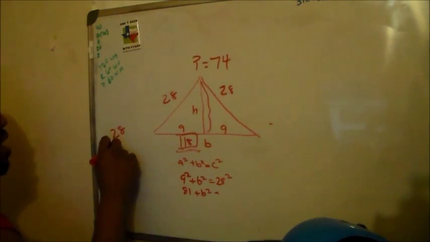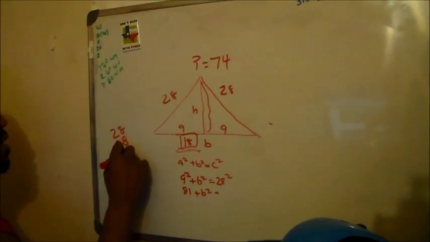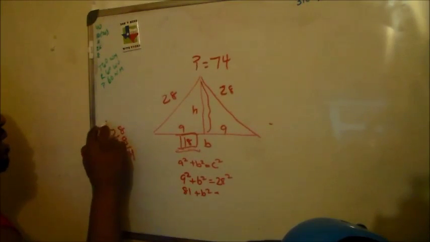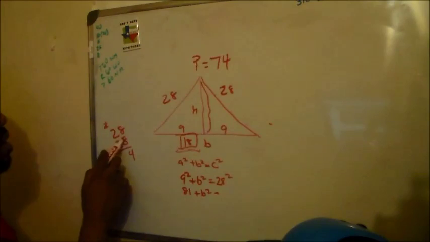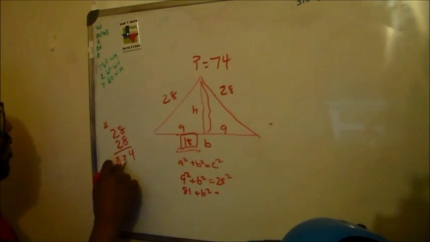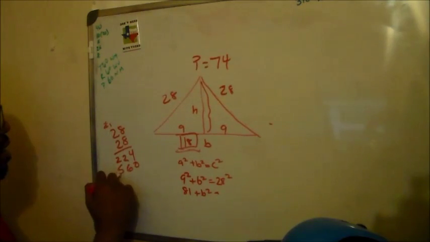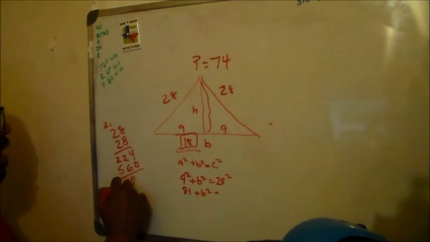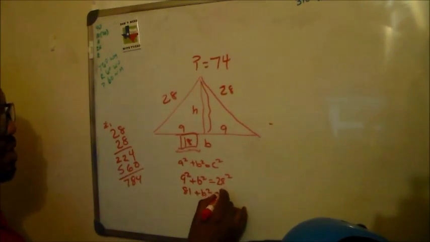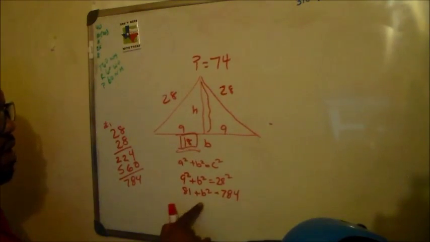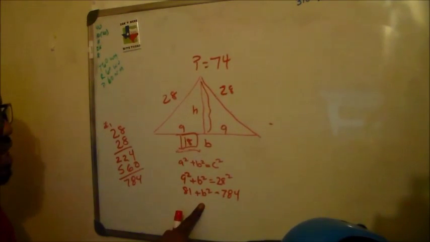So we get 28 times 28, which is 784. That's 28 squared, 784. But now what we need to do is isolate b at this point.